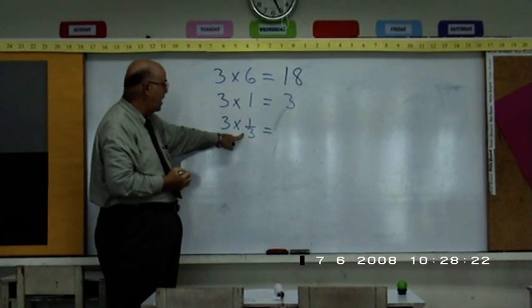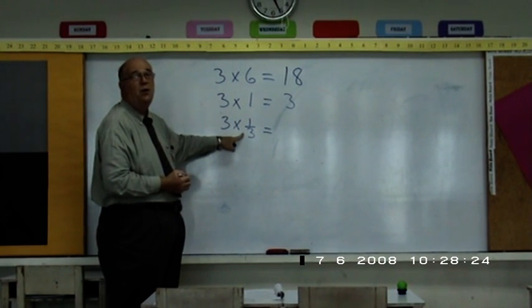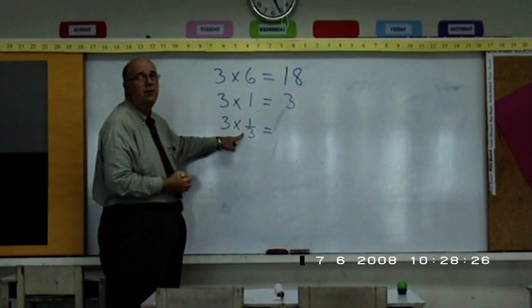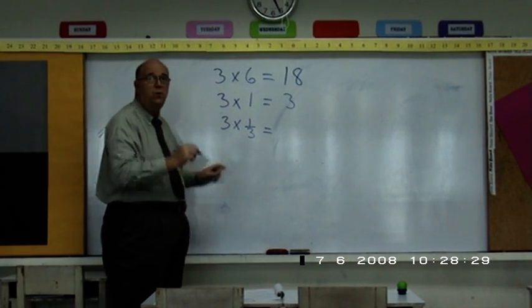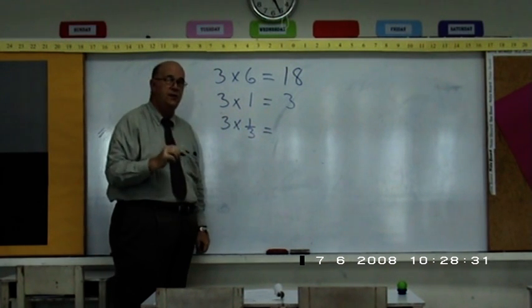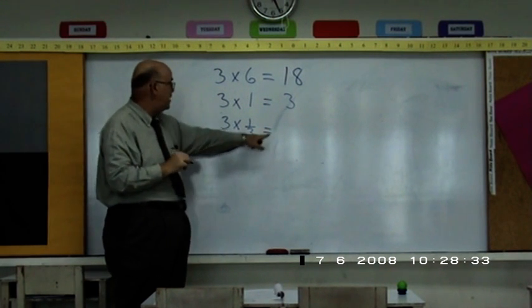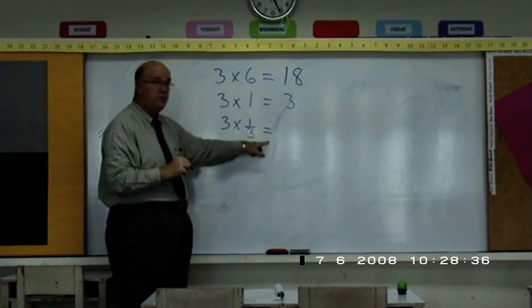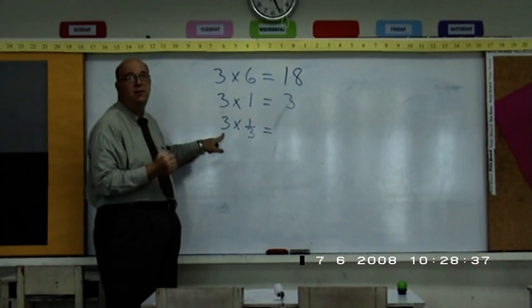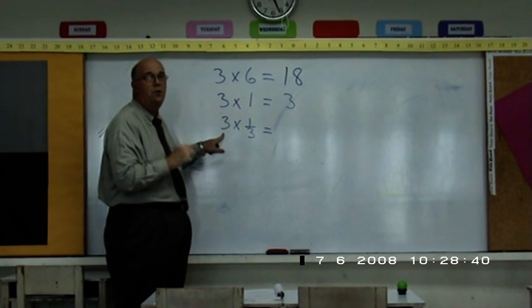And if you multiply any number times a fraction, you have to get a smaller number. You need to think about this when you're working your problems. If you get an answer that is bigger, then you've done something wrong and you need to go back and check your work.